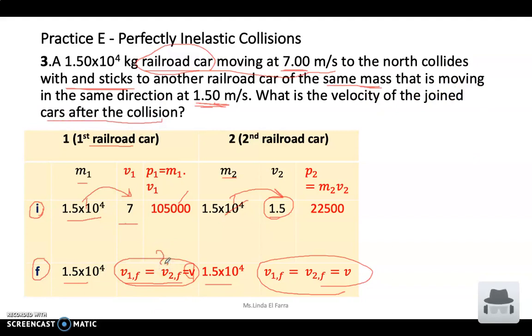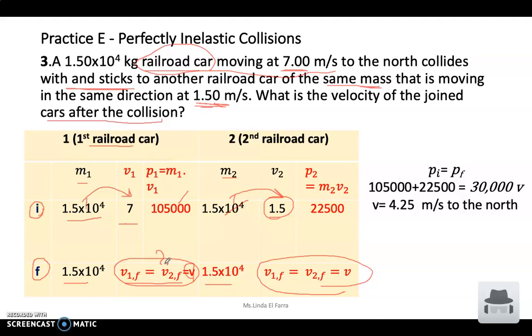What is this value? Again, I'm going to use the conservation of momentum, which means initial equals final. I look only at the colored values: P1, the initial for the first car, this number, plus the second car, I put it here. Equals, now go to the final.